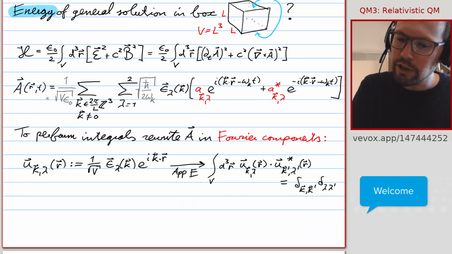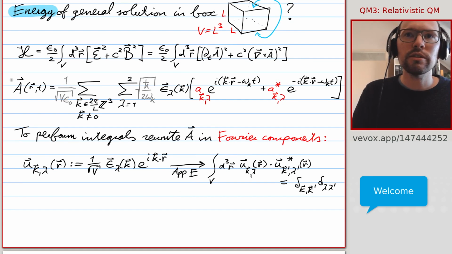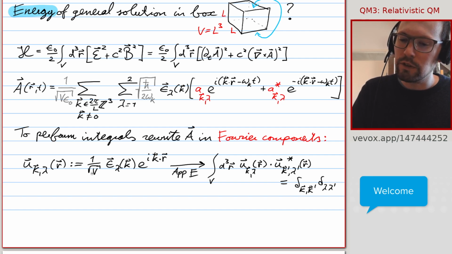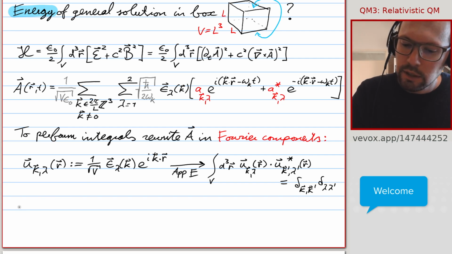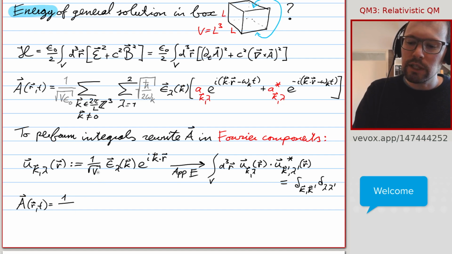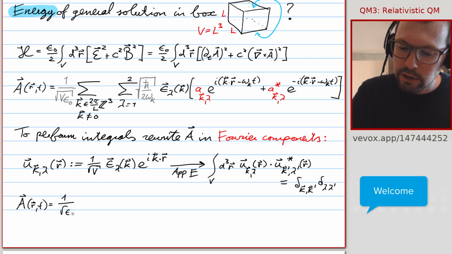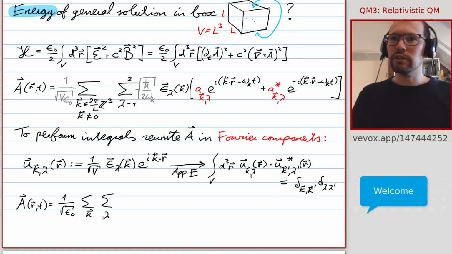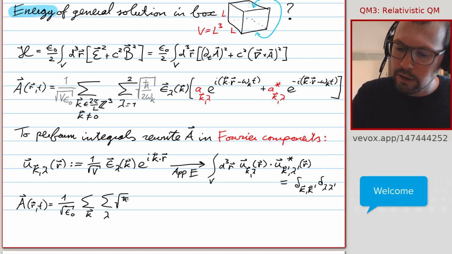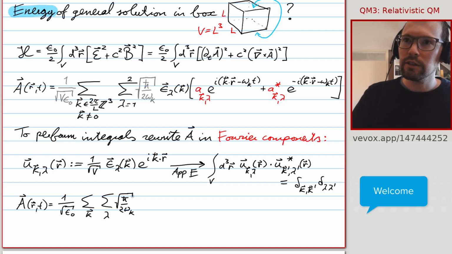But first we have to rewrite our general expansion, the vector potential, in terms of these polarizations. So let's do that. Certainly this 1 over the square root of the volume is already in there. So we only have a 1 over square root epsilon 0 in front, a sum over the wave numbers, a sum over the polarizations. We keep this energy dependent factor.